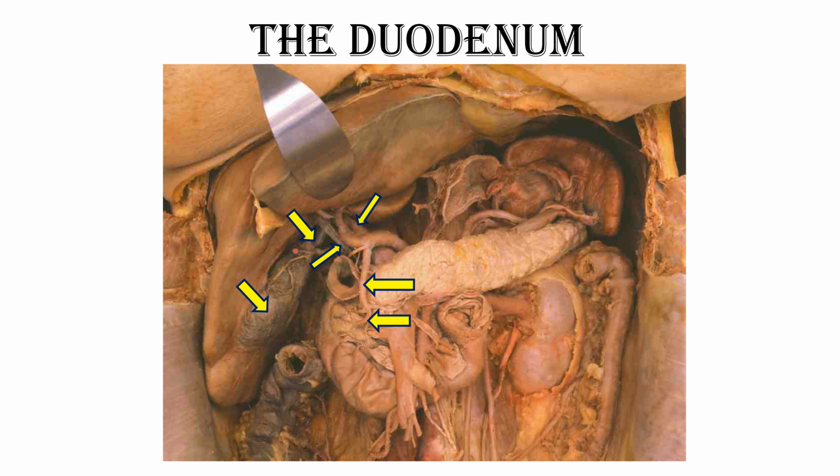Anteriorly will be the fundus of the gallbladder, covering anterior to it. Posteriorly will be the gastroduodenal artery, the common bile duct, and the portal vein. These are the relations of the second inch.